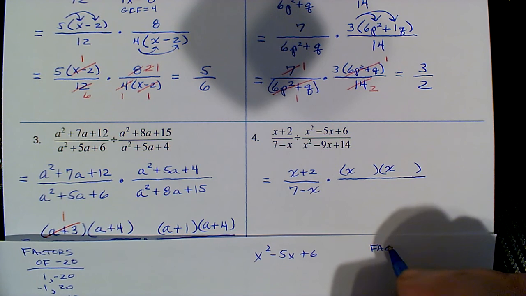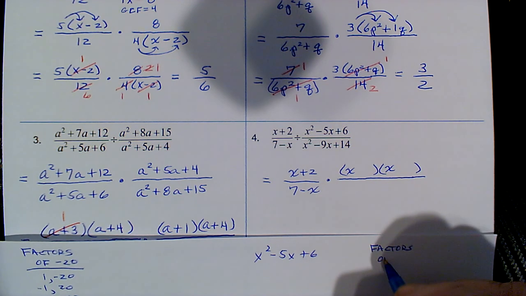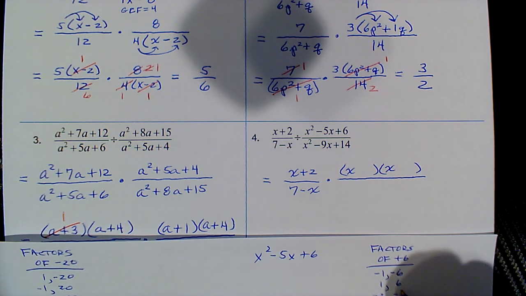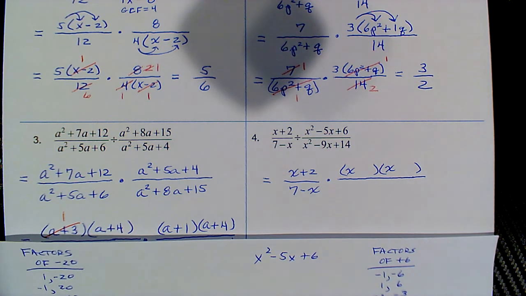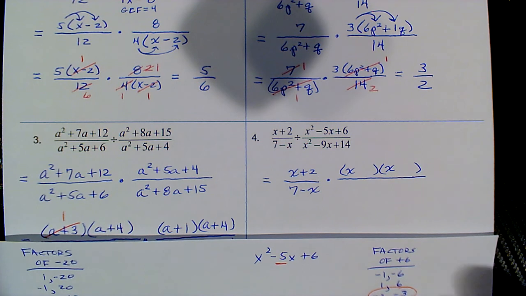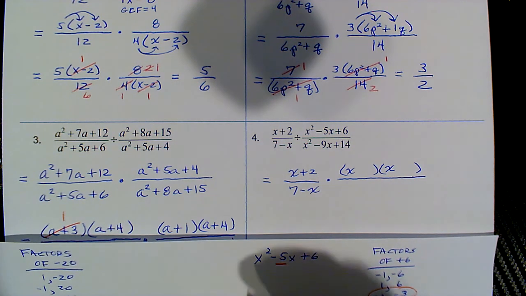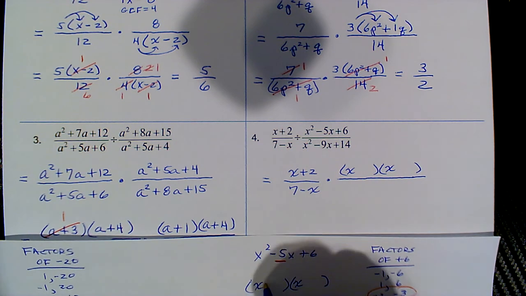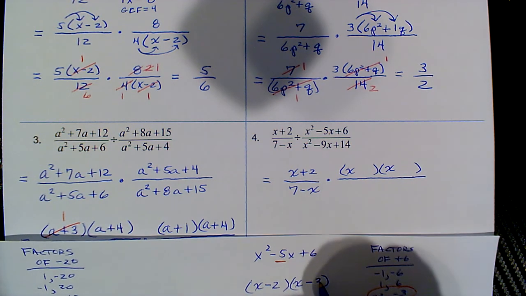We're going for factors of positive 6. It'd be negative 1, negative 6, 1 and 6, negative 2, negative 3, 2 and 3. And the pair that combines to give negative 5 is negative 2, negative 3. So, setting up the factorization again, the x and the x, and we just discerned a negative 2 and a negative 3.